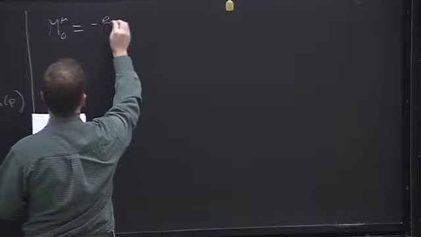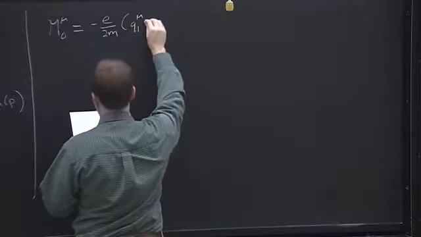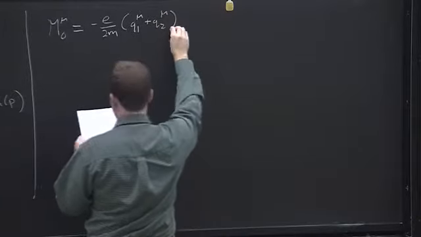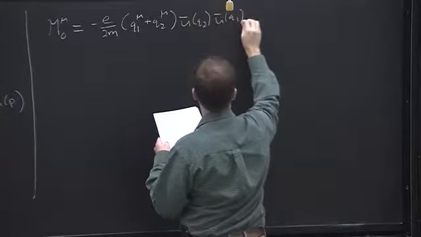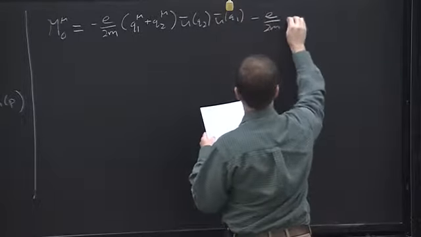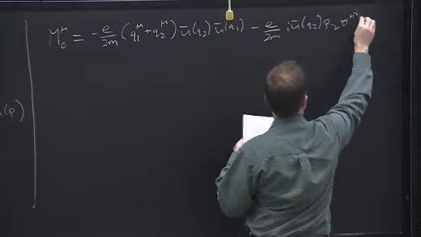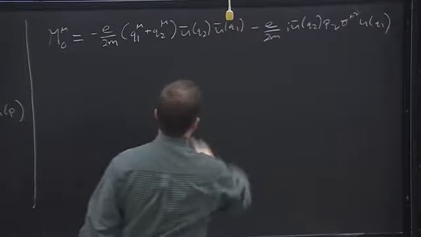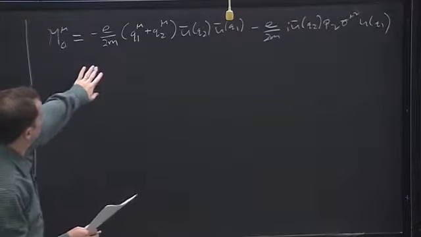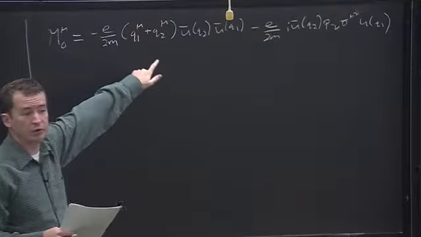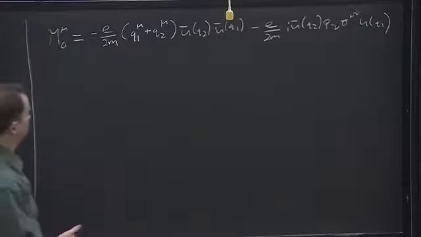That lets us write M₀^μ in a form that makes explicit which term we care about if we want to calculate the magnetic moment of the electron. So we have two terms. This first term doesn't involve any gamma matrices. A similar term would be present if we were looking at, say, scalar QED, where there's no possibility of a spin magnetic field coupling.